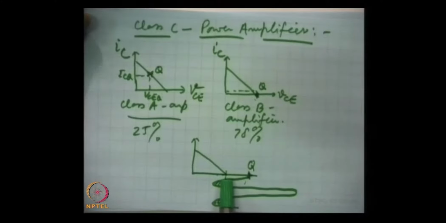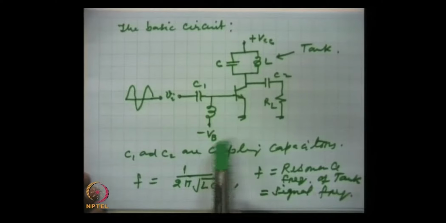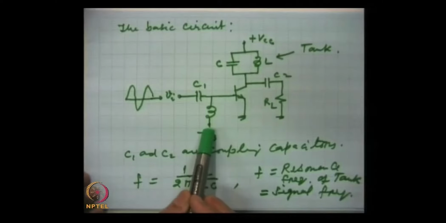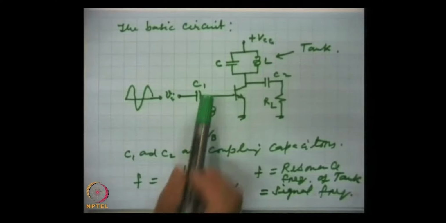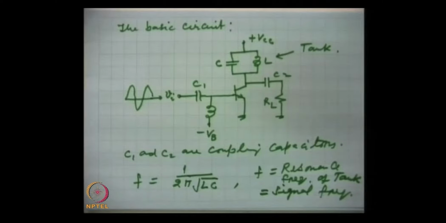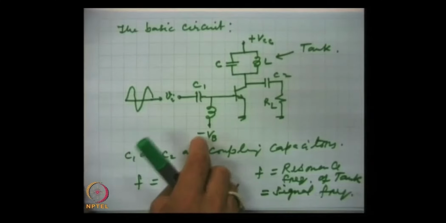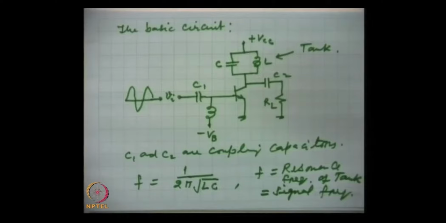It is so negative, and that negative bias is provided through this inductance from here. By a DC source, a negative voltage is applied depending on the powers for which we are designing the circuit and what input pulse will be available, and according to that we choose the negative bias.